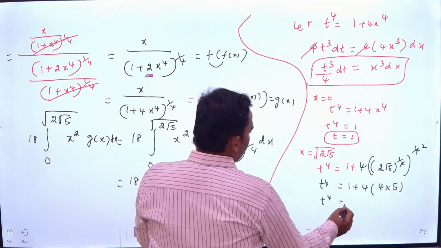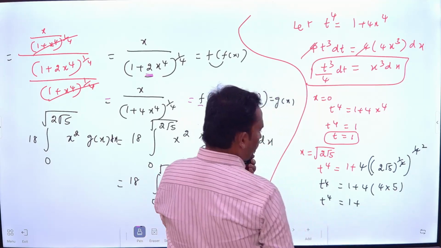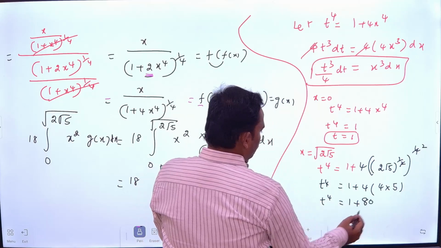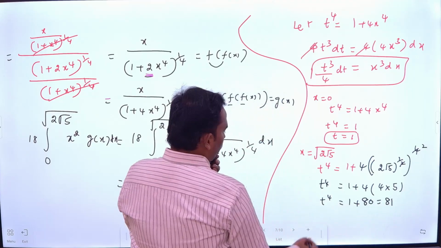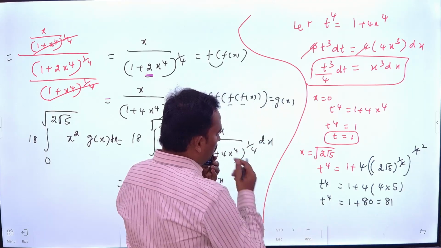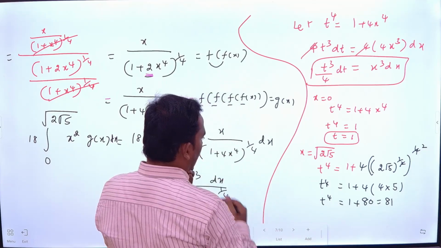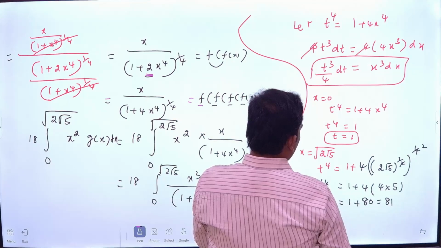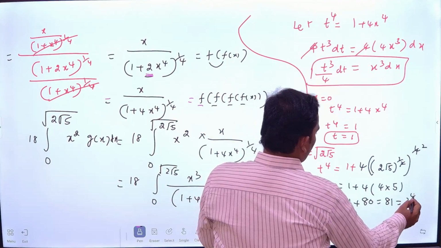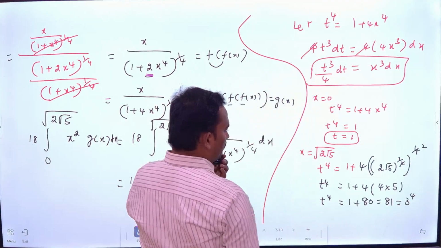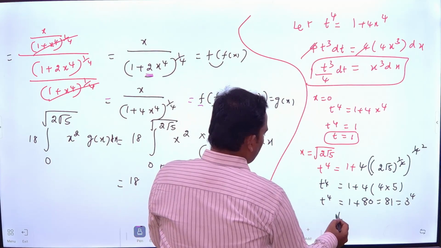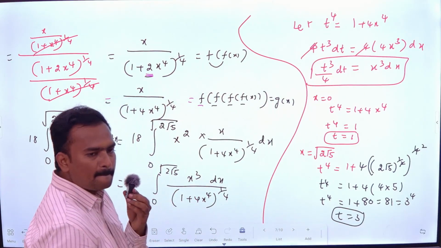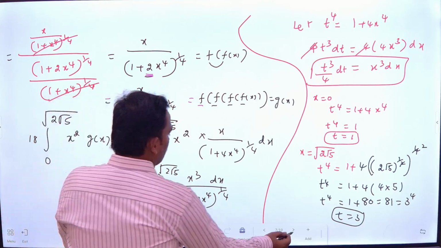Then t power 4 is equal to 1 plus 4 into 5 is 20, 20 into 4 is 80. So this is 81. We need to calculate t, so we write 3 power 4. You can raise power 1 by 4 on both sides. So t is equal to 3. Clear? I hope everyone understood.